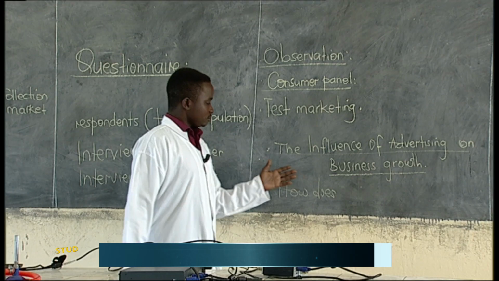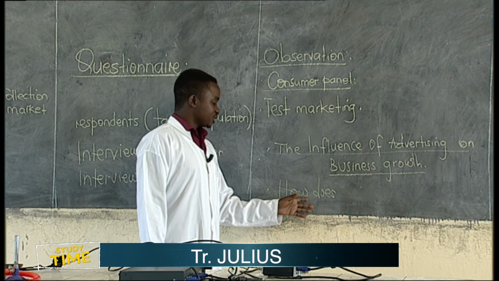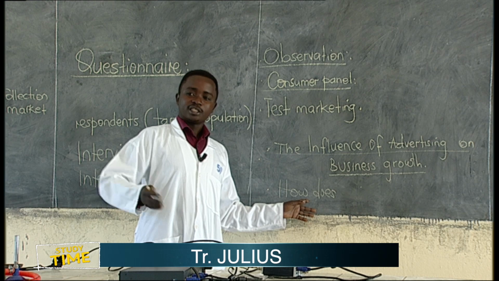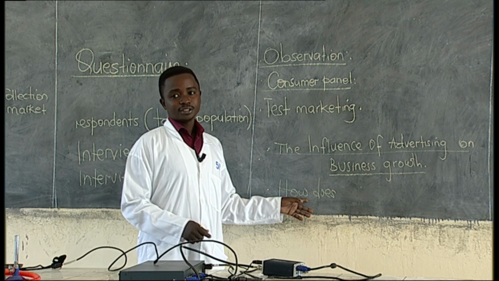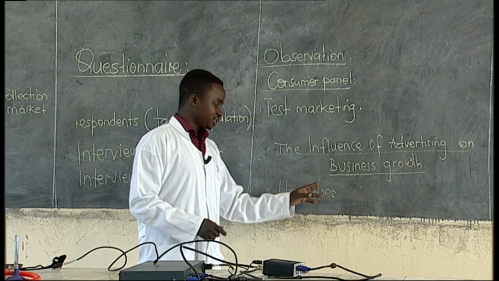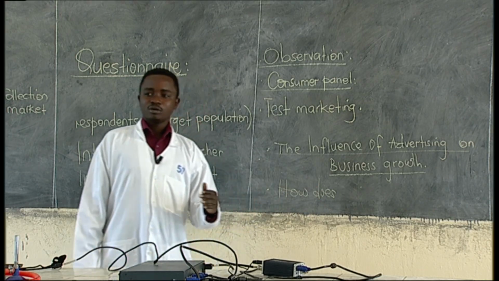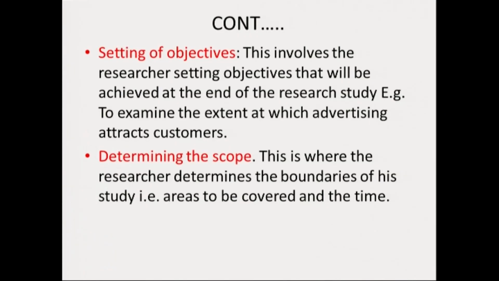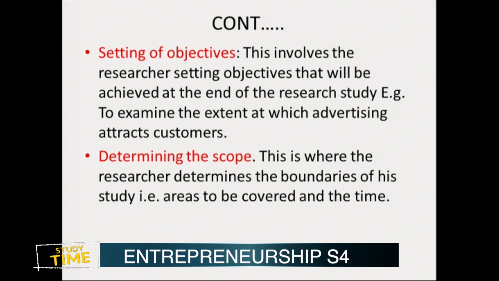When you have 4 research questions, make sure the research objectives are also 4 in most cases. They must relate to the questions. For example, if our research question was, how does advertising influence business growth? Then the research objective should be, to find out or to examine the extent to which advertising attracts customers.